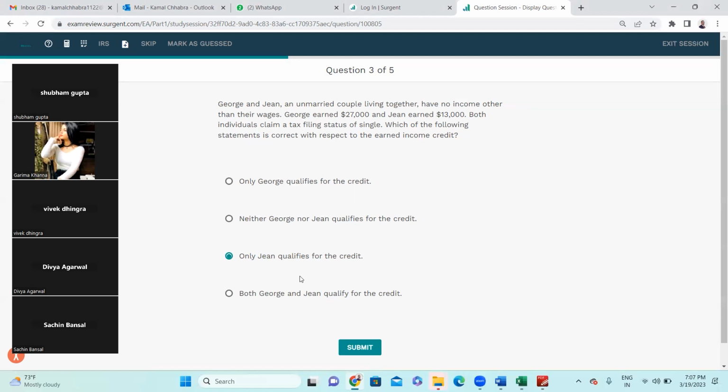Second, neither John nor. Okay, Divya, Sachin, what about you guys? Garima, are you here? Yes, sir. Which option do you feel is good? Third option. Why? Sir, as it is mentioned that $15,000 is the limit for the income, so John earned $13,000.